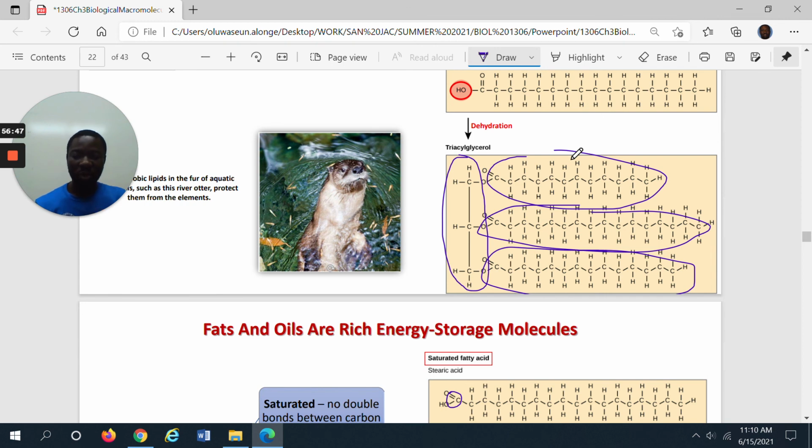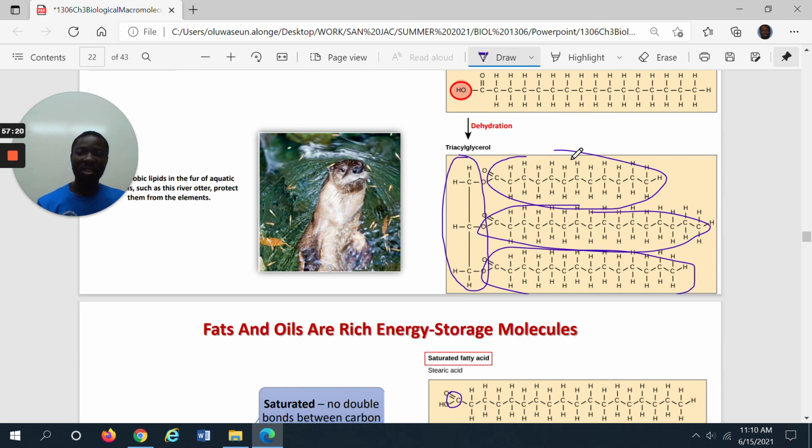Now for glucose, galactose, and fructose, they are different, but they are all monosaccharides. But glycerol is glycerol, fatty acid is fatty acid. They are not in the same group, so we can't call them monomers. For glucose, fructose, and galactose, even though they have different shapes, we know they are all classified as monosaccharide, but not the same for glycerol and fatty acid.